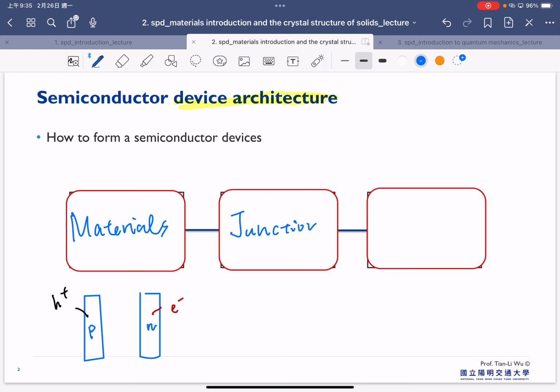The junction means that we start to put the N and P together. If we put the N and P together, we can foresee that different things can happen in the place between the P and N. This is the place we call the junction.